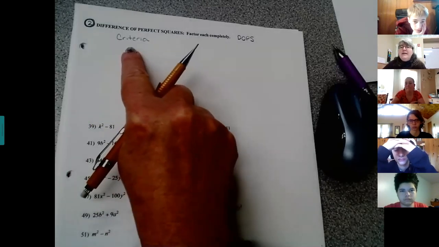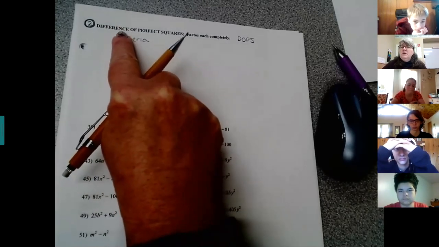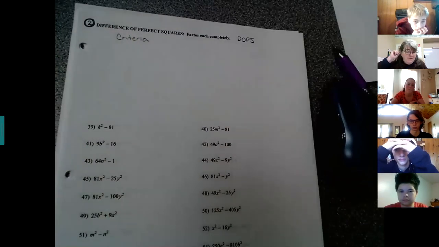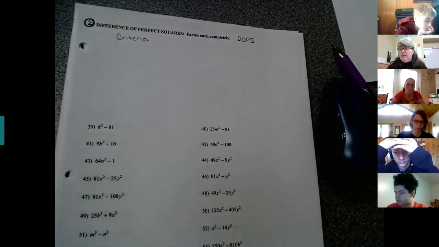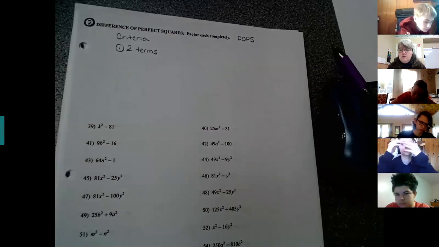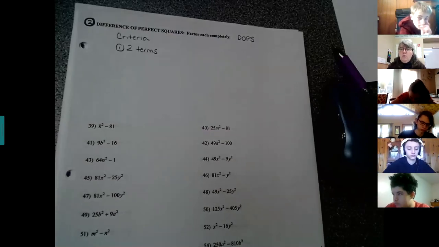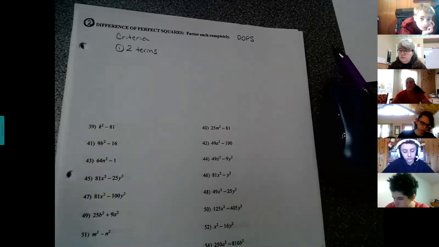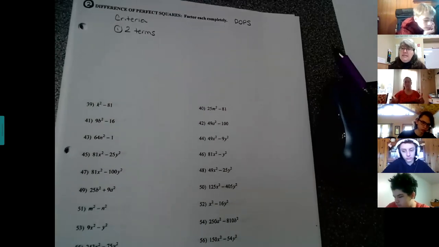So I'd like you to write down the criteria for DOPS. Now the criteria for GCF was just they all have something in common. The first criteria for DOPS: DOPS only works if you have 2 terms. Now, what are terms? The pieces.